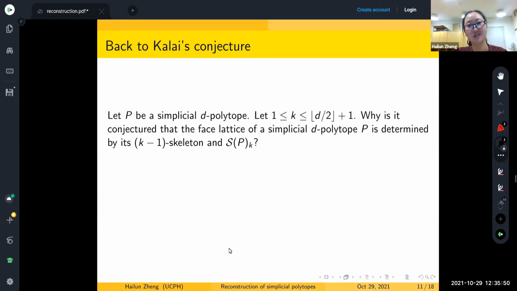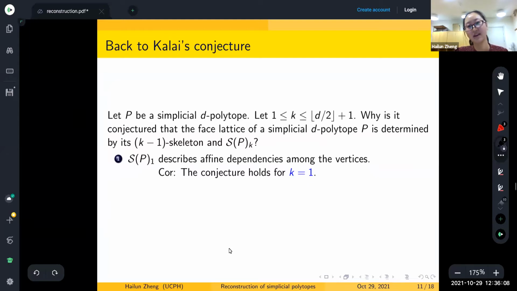All right, so now this kind of suggests why we want to look at Kalai's conjecture. Let me just remind you once again: we have a simplicial polytope, and a number k between 1 and d over 2 plus 1. Then he says that we want to know 2 things. One is the k minus 1 skeleton, the other one is the space of affine k stresses. As I already mentioned, the space of affine 1 stresses describes affine dependencies among the vertices.